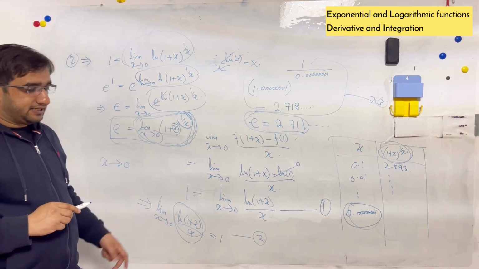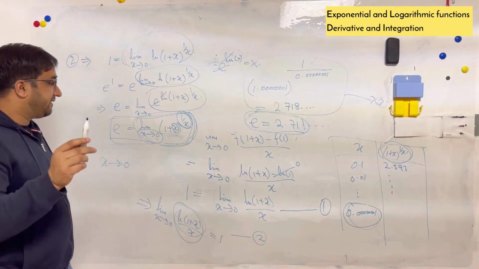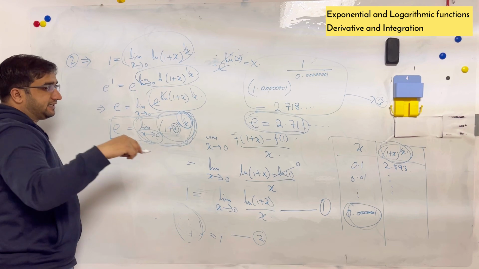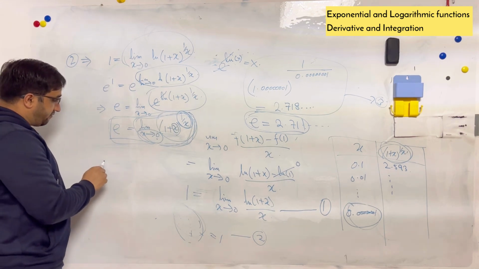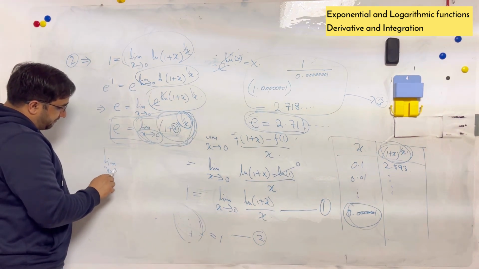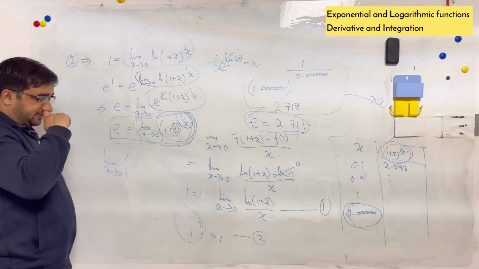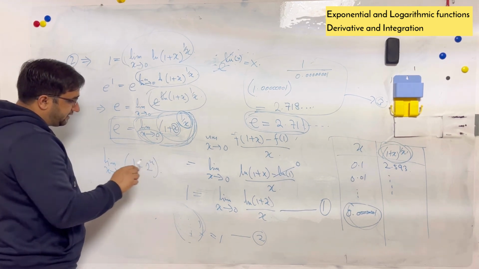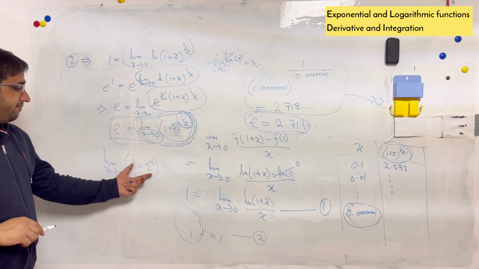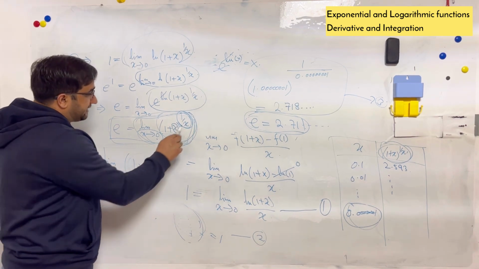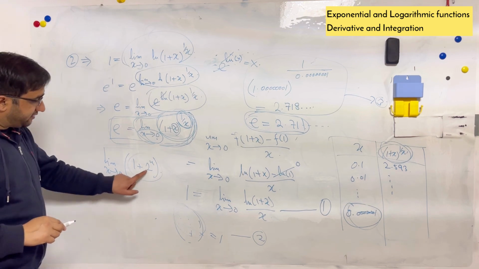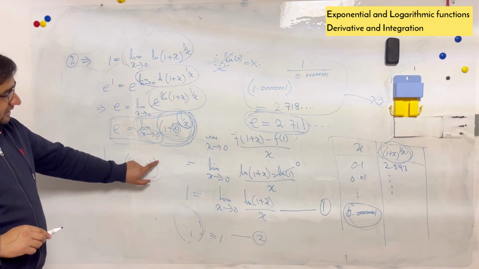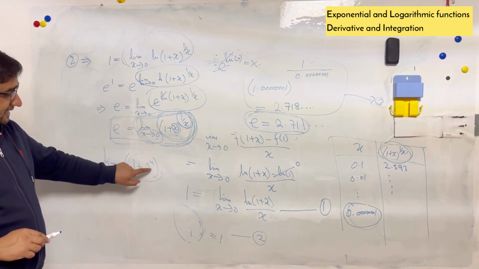That is why you have been doing many examples in the limits chapter, where you always try to make it look like this thing: if you have something here, then the power should be in terms of 1 divided by that thing.